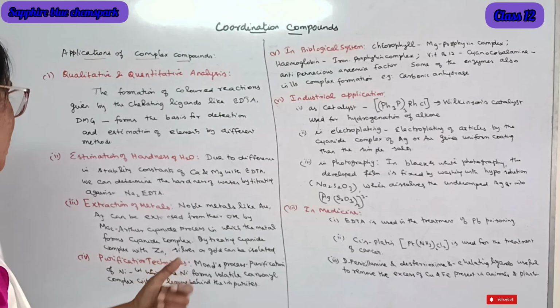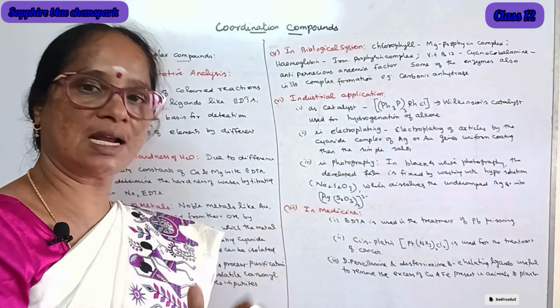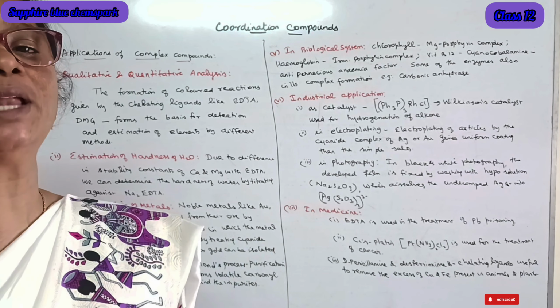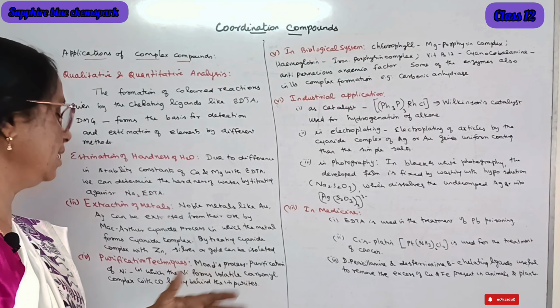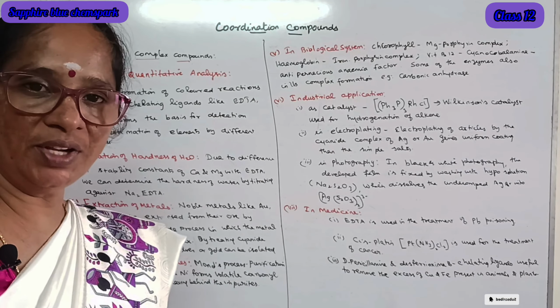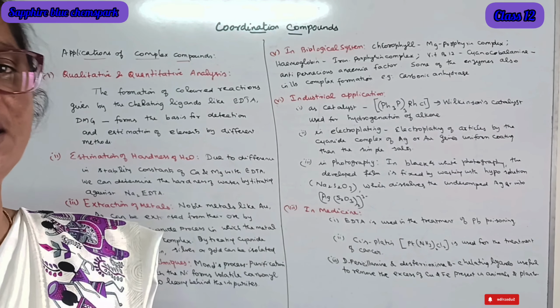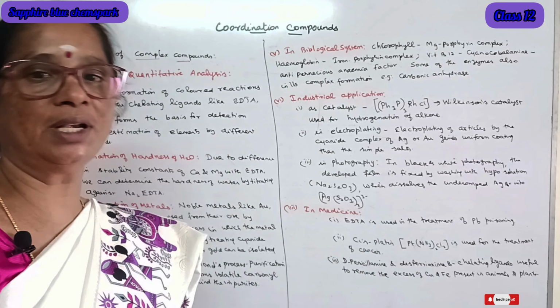The next one, in purification techniques. After the extraction of metals, the metals are taken for purification. A metal like nickel can be purified by the Mond process, in which the impure metal may have some other metals or non-metals also.